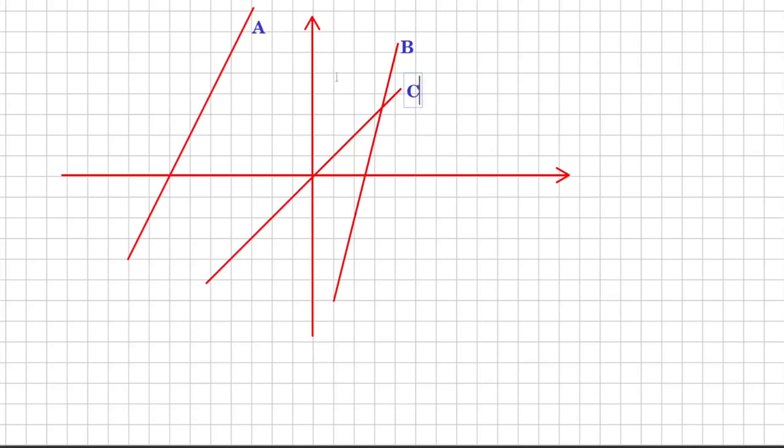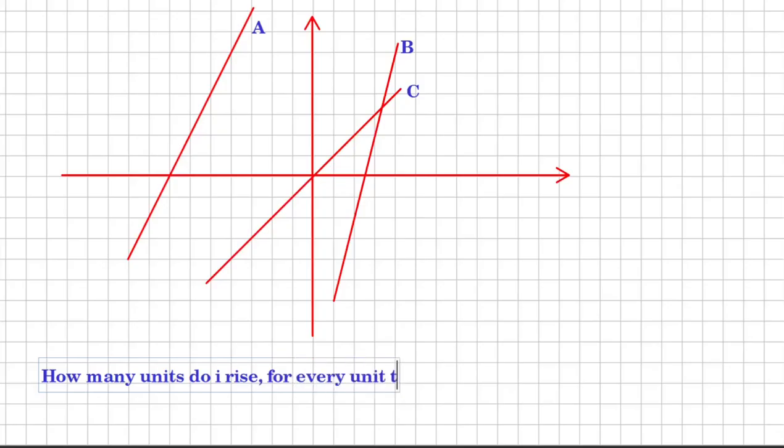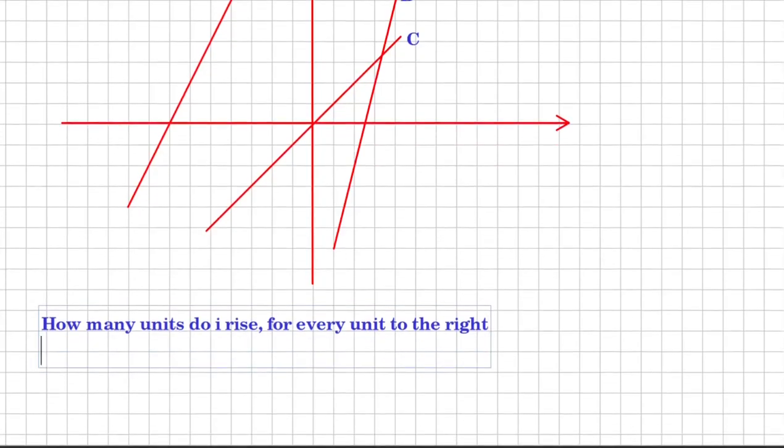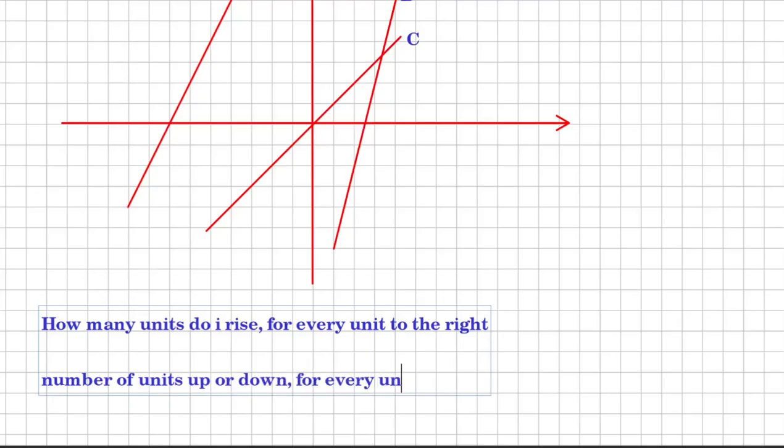So in simple terms, the gradient is how many units I rise for every unit to the right. Let me try to rephrase that. When I'm looking for the gradient, I'm actually interested in the number of units up or down for every unit to the right. That's basically the gradient.